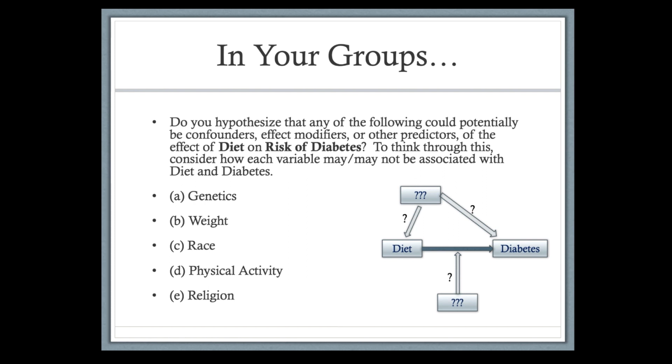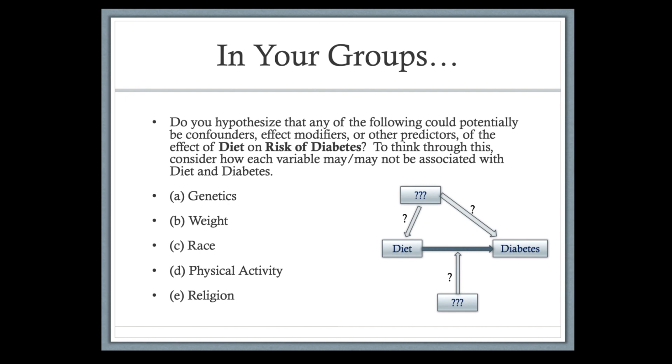Now, let's think about that second arrow. Does it fit the criteria to be a confounder? Do we think that genetics is associated with one's diet? There I'm going to say probably not. I wouldn't think that someone having a good or bad diet, or the way they eat, is necessarily associated with their genetics.